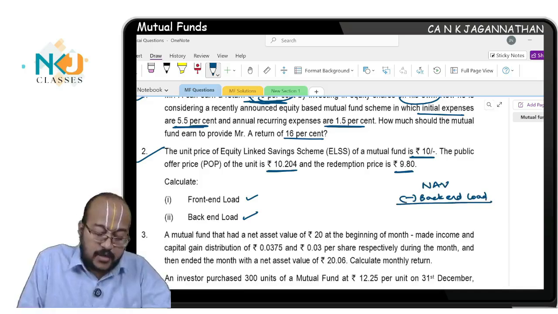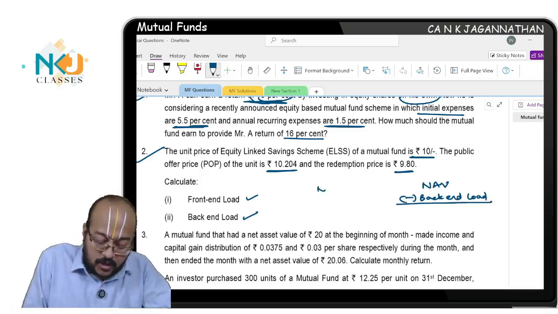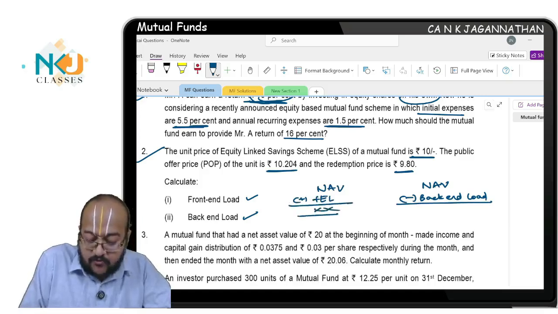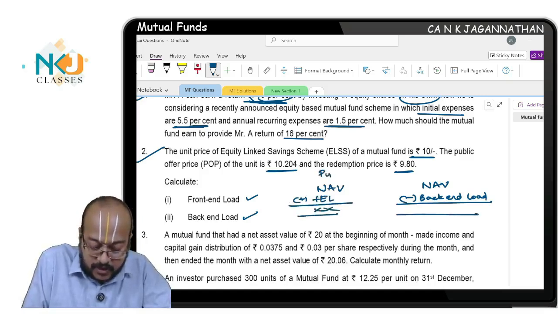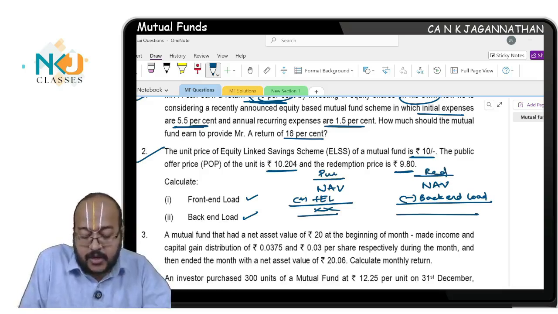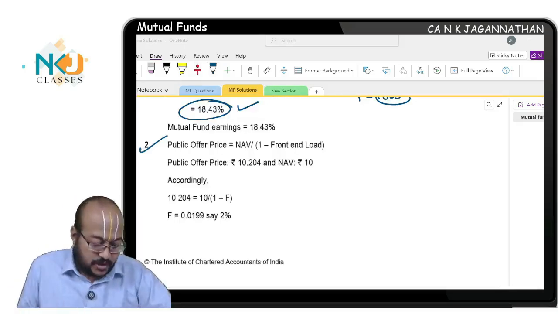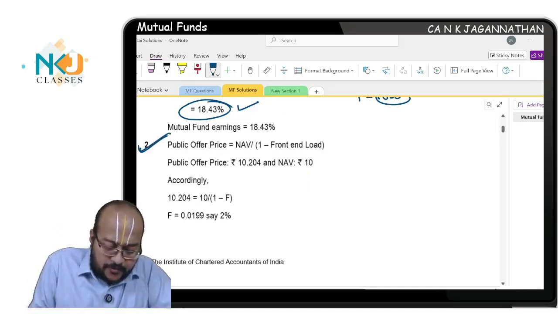So to put it simply, while purchasing, the front end load will be added to the NAV, and while redeeming, the back end load will be deducted from the NAV. Are you all understanding? See, public offer price, NAV plus front end load.